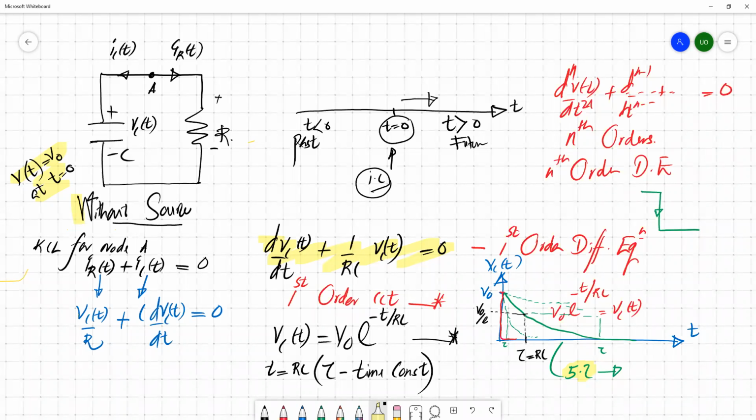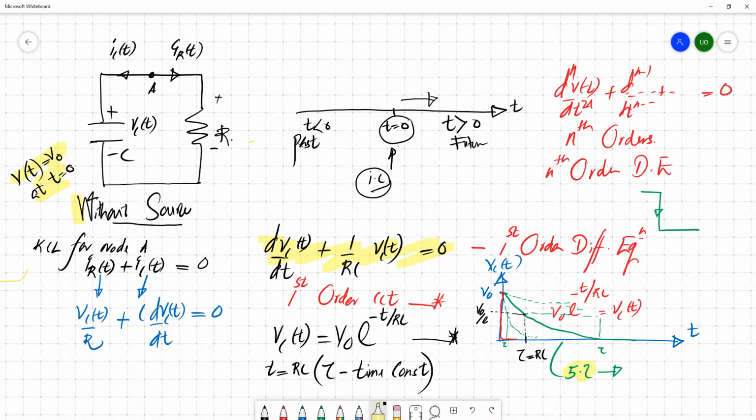So now, at the end of this discussion, we found that there's a circuit where the capacitor has an initial charge. We don't have any external sources, so the circuit is basically powered from the stored energy of the capacitor. We considered a very simple circuit having a resistor and a capacitor with a non-zero initial voltage.